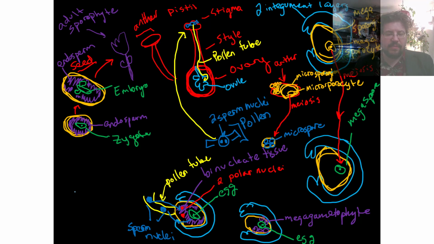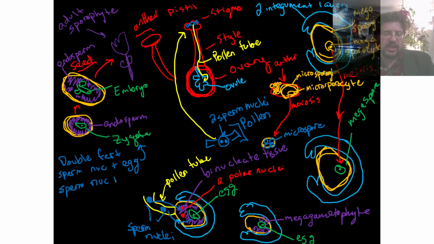So we have double fertilization, in which sperm nucleus plus egg gets you the zygote, and sperm nucleus plus the binucleate tissue gets us the endosperm.